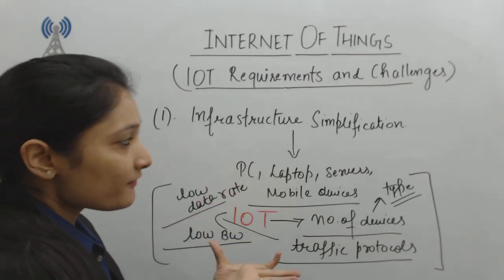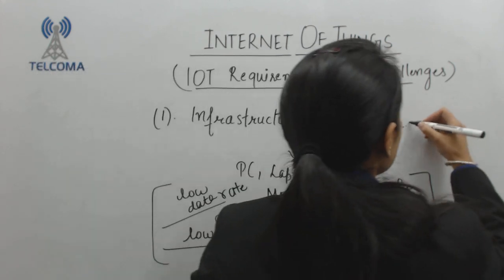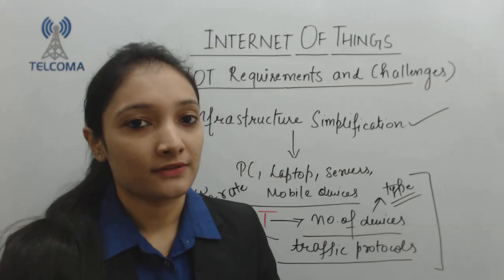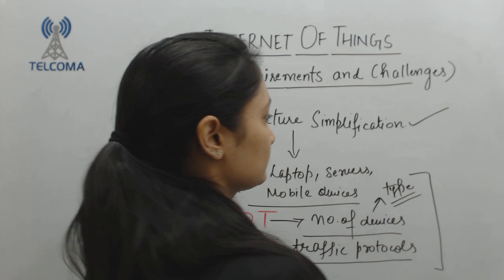So the first and foremost important requirement for your Internet of Things is the simplification of your infrastructure. That means it should not be a complex system.